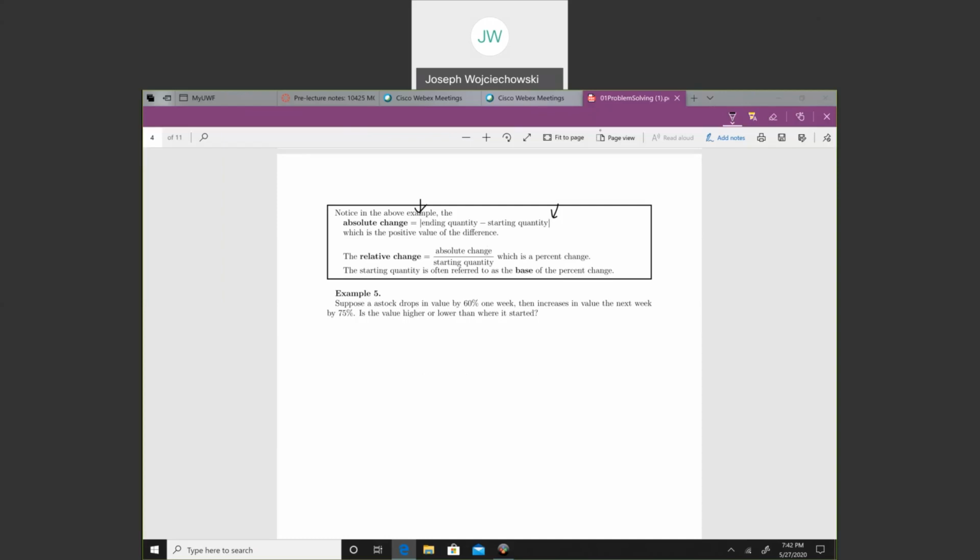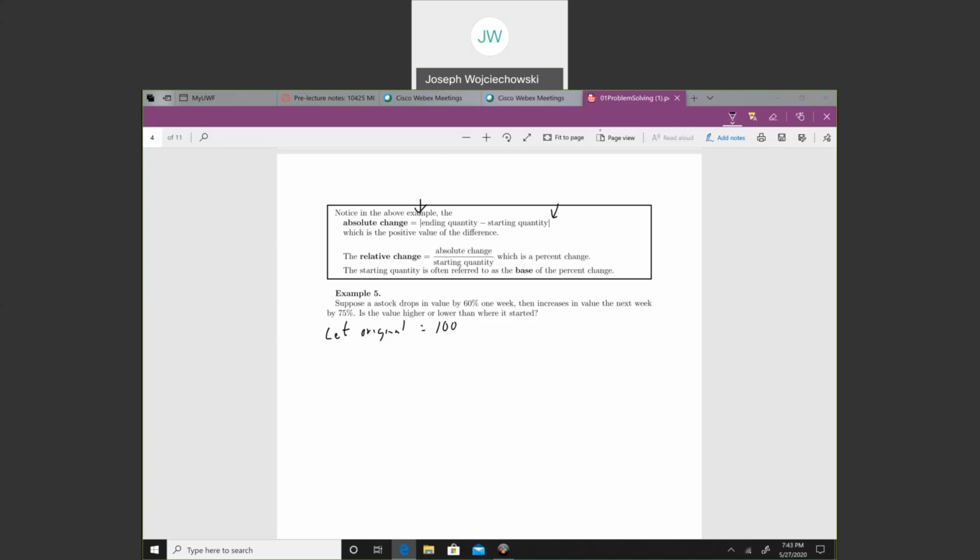Suppose a stock drops in value 60% one week, then increases in value the next week by 75%. Is the value higher or lower than when it started? So let's see. Easiest way to do a problem like this is to just set original value equal 100.